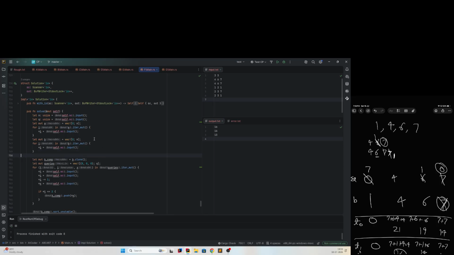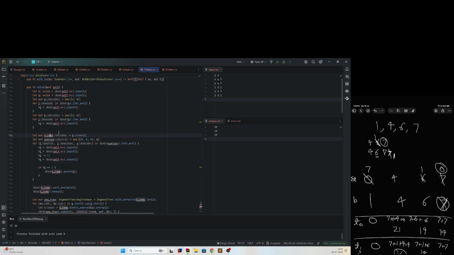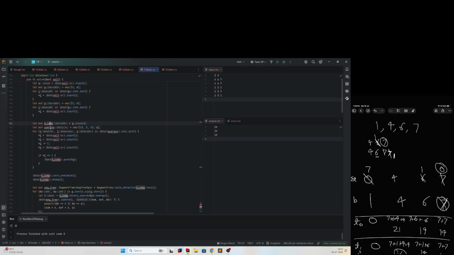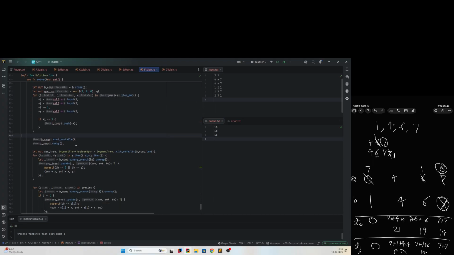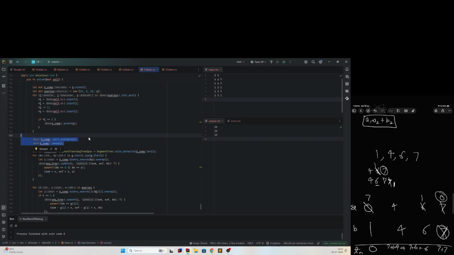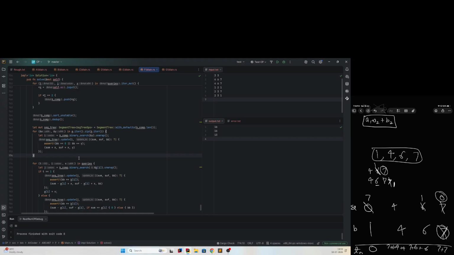So when we go to the implementation, I take the input, I find all the values of b, I take the input of queries as well, and then this is a standard coordinate compression idea: sort and delete duplicates. So I get this 1467. Now I create a segment tree. To update the segment tree, I find the index which matches this value y. So x and y are iterating over a and b basically.